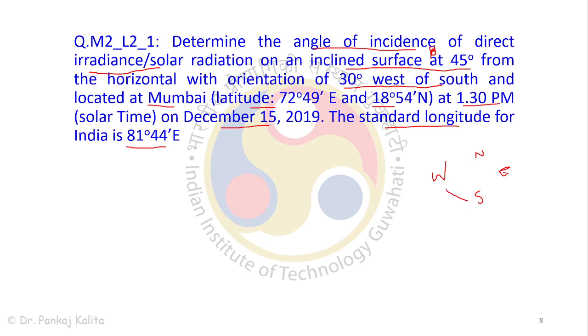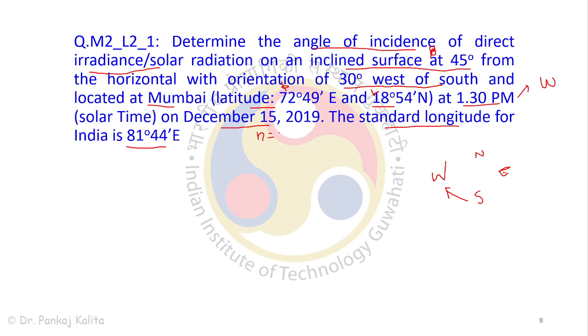So we are talking about this direction, right? And basically your phi, the latitude, is given. Time is given, so you can calculate omega also, and the day of the year you can calculate.